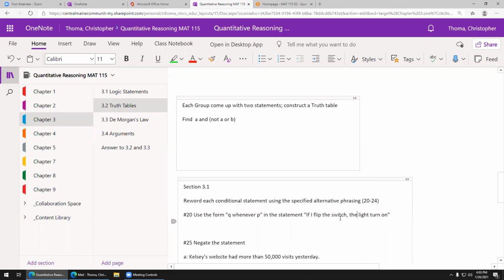So it wants us to replace the if with whenever is what it's telling us to do. So would that just be whenever I flip the switch, the lights turn on? Or does it have to be in both spots? I would take out the word if. So whenever I flip the switch, the lights turn on.